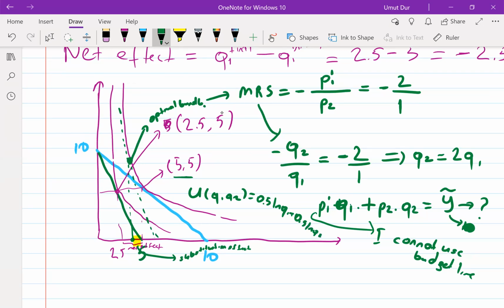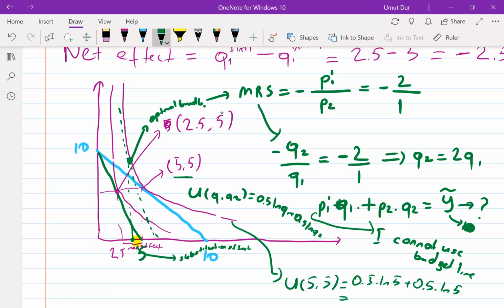So I'm just plugging these values into the utility function. Then U(5, 5) gives me 0.5 times ln 5 plus 0.5 times ln 5.